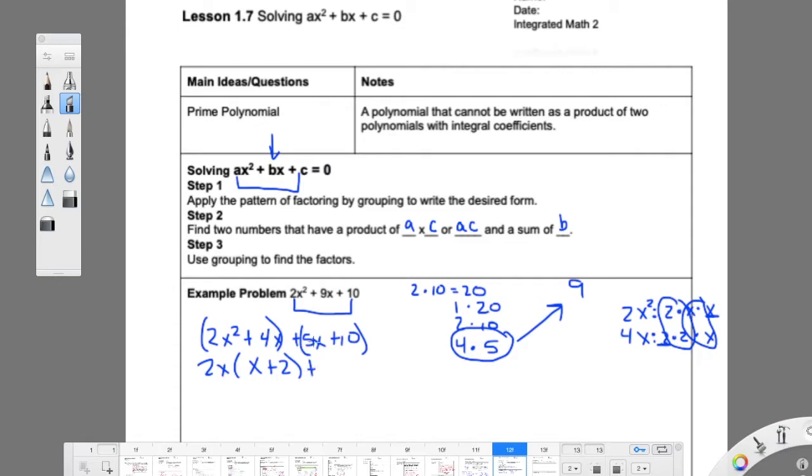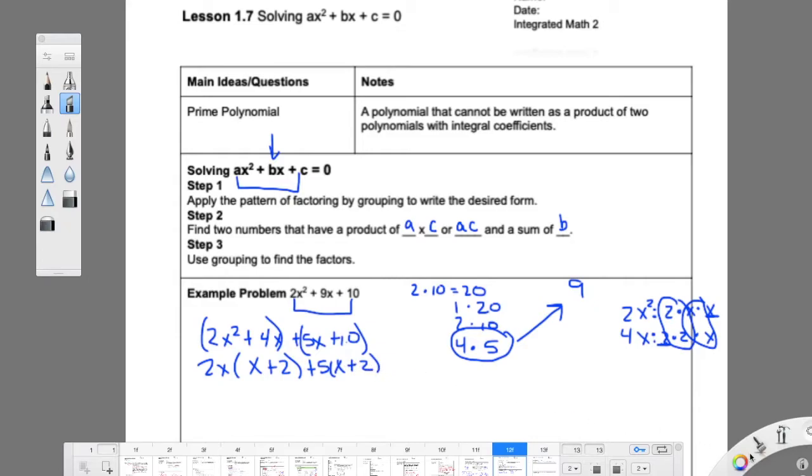Plus, with this one, the only thing I can divide away from both would be 5. 5x divided by 5 is just x, and 10 divided by 5 is 2.